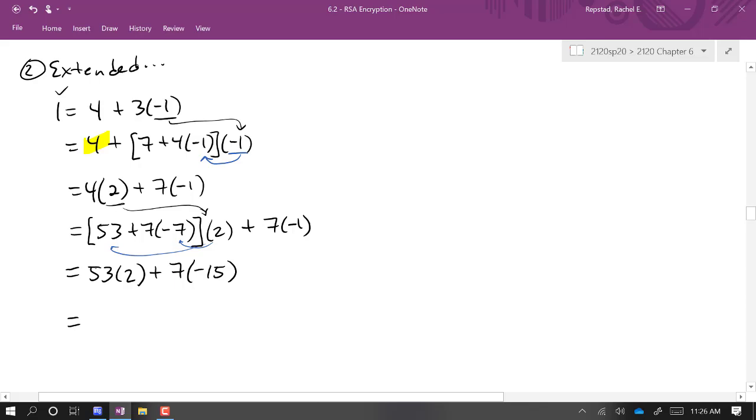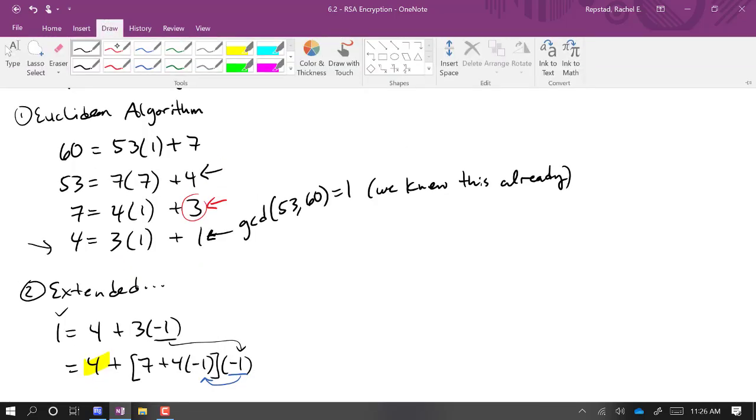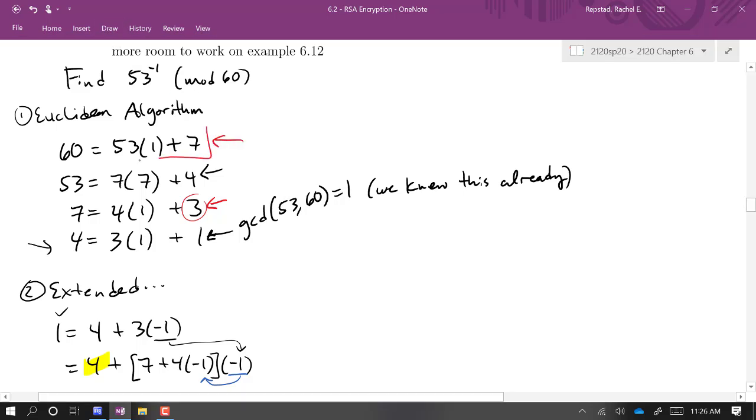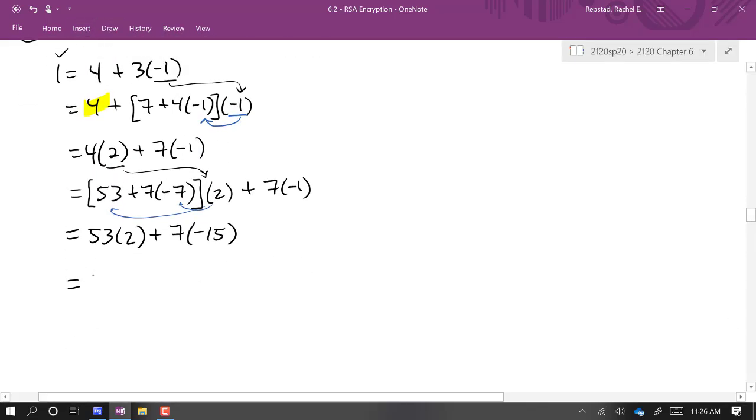So I've got the 53. I want 53 and 60. So I'm going to move one line up here. I'm going to use this top line to rewrite 7 as 60 plus 53 times negative 1, times negative 15.